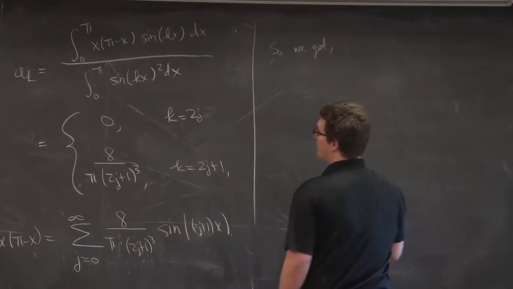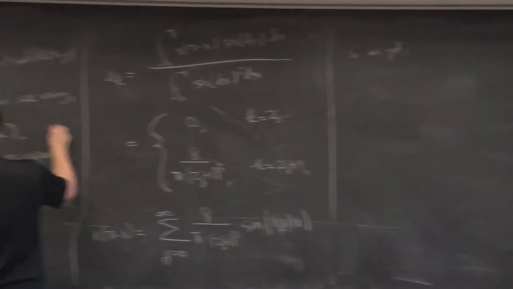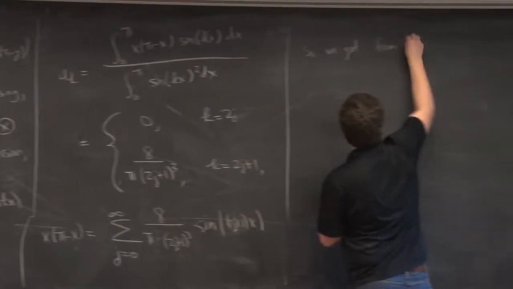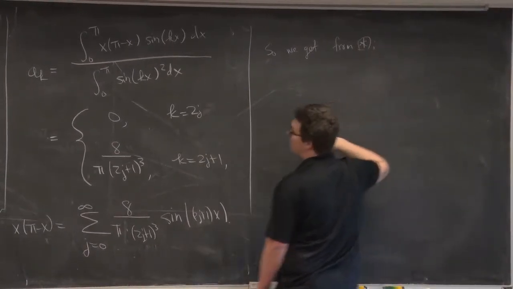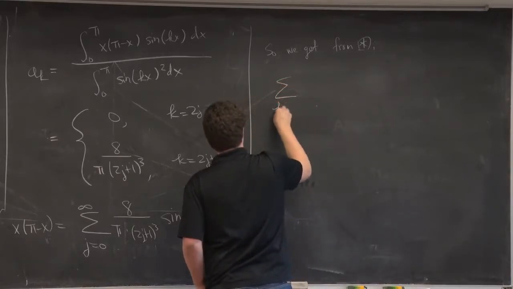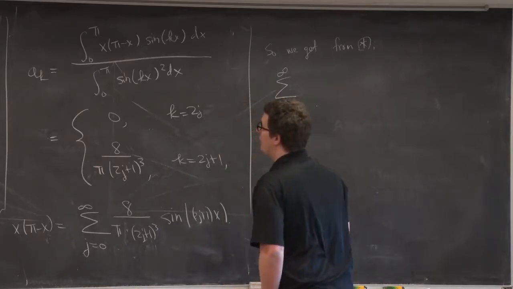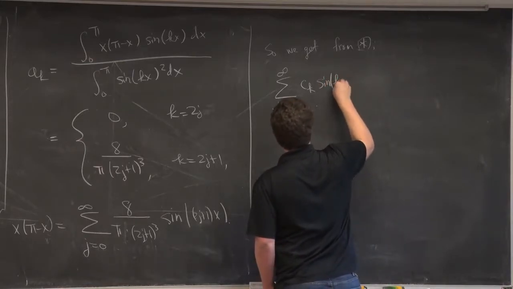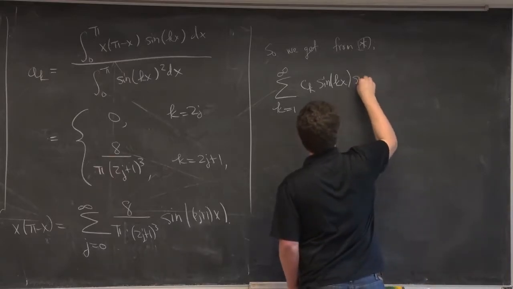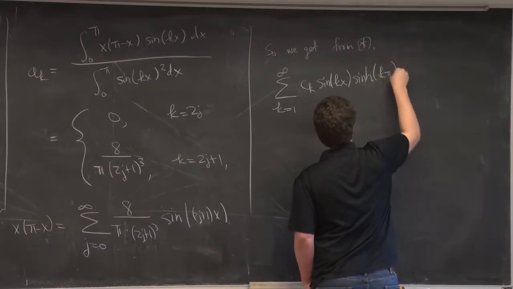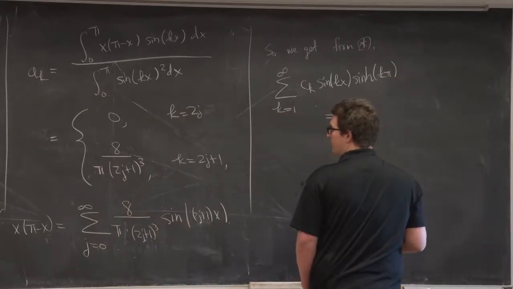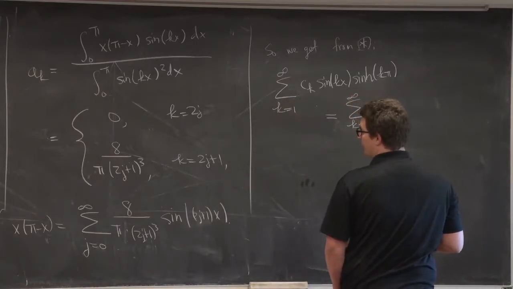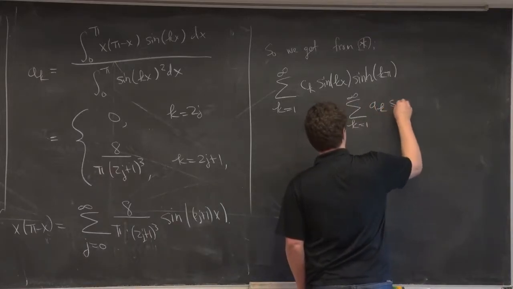So we'll write down the equation: the sum from k equal to 1 up to infinity of c_k sine kx times hyperbolic sine of k pi is equal to the sum from k equal to 1 to infinity of a_k sine of kx.